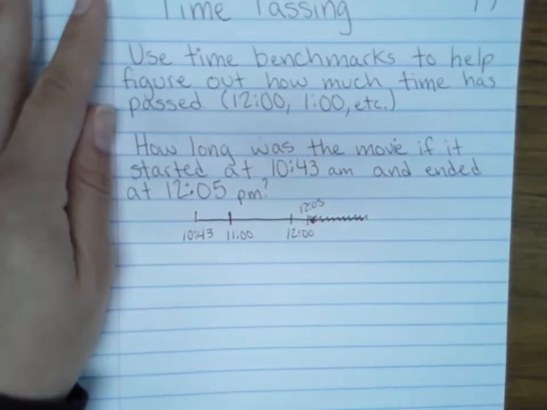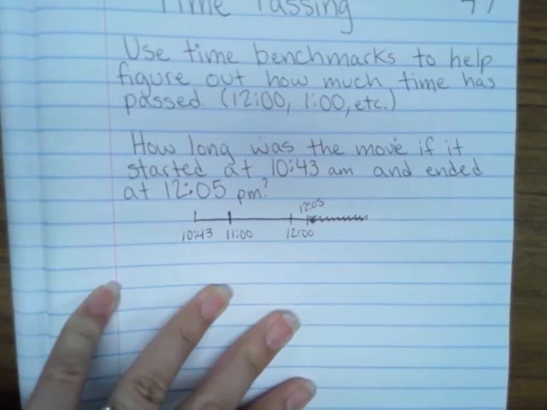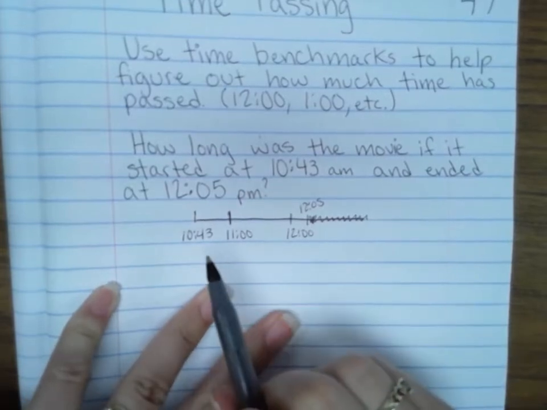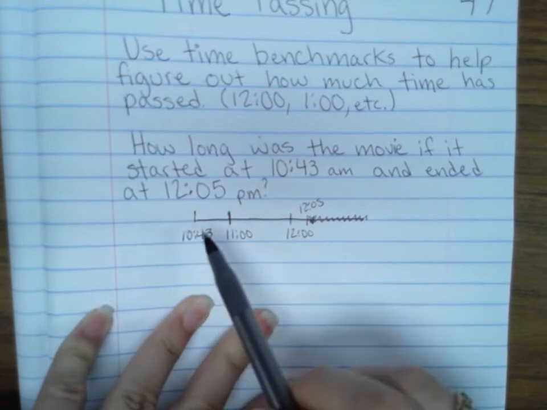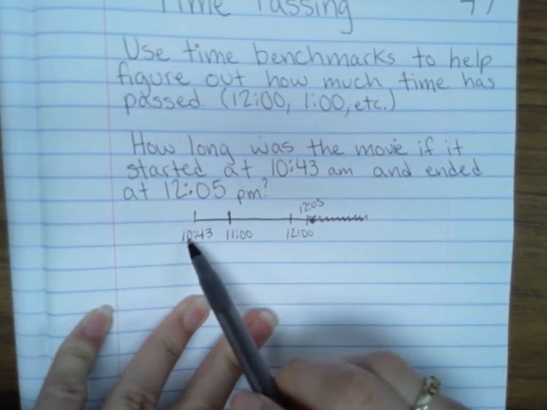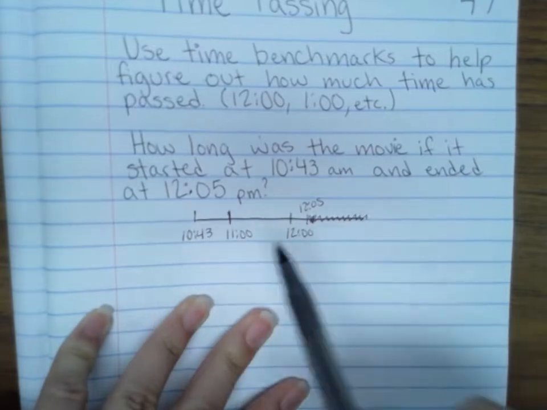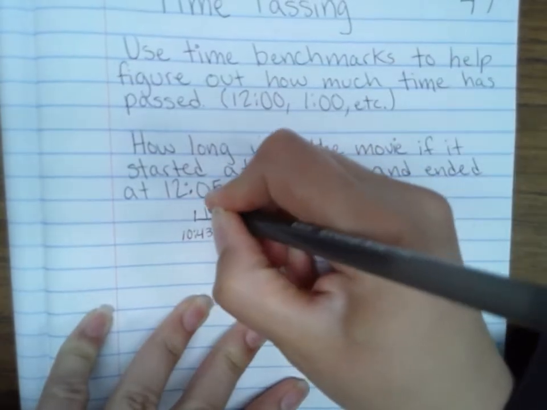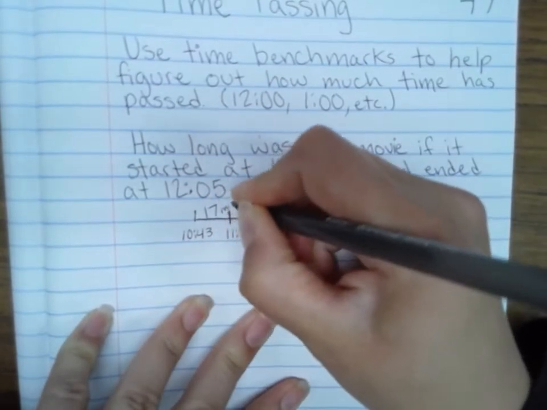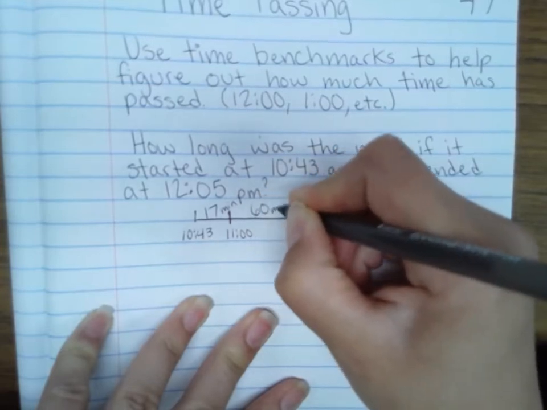So let's look at the time span between those times. So we're looking in minutes. So how many minutes long was the movie? Well, from 10:43 to 11 o'clock, if I just count up my minutes, 10:43 to 10:50 would have been 7 minutes. And then 10 more minutes to make it to 11 o'clock. So 17 minutes passed in this space. Okay, here we have a whole hour that passed, so that would be 60 minutes.